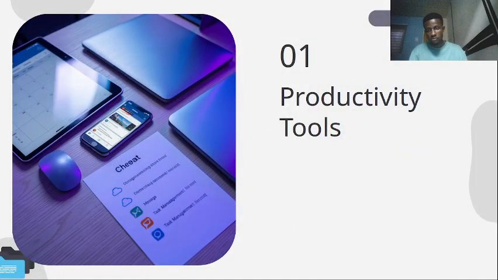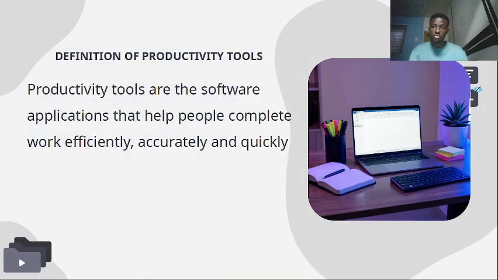Moving on to the definition of productivity tools, they are software applications that help people to complete work effectively, accurately, and quickly. For example, if I'm teaching you with PowerPoint, and instead I used a written notebook in front of you while talking, you would not be able to understand what I'm trying to tell you.